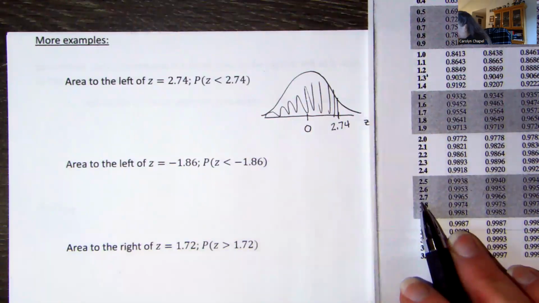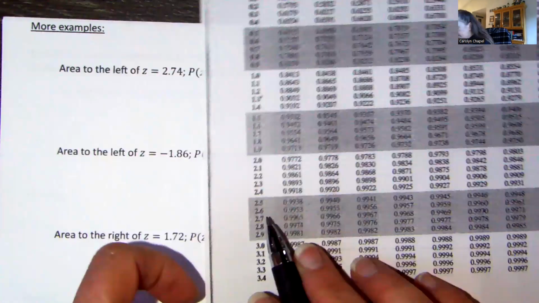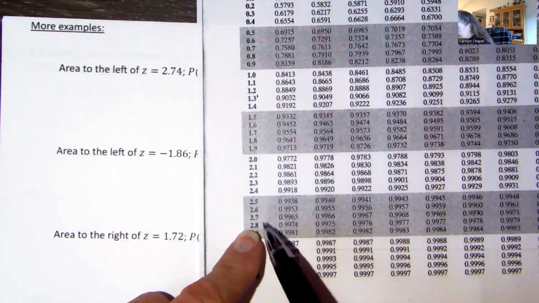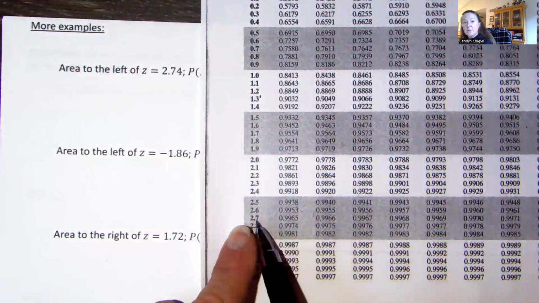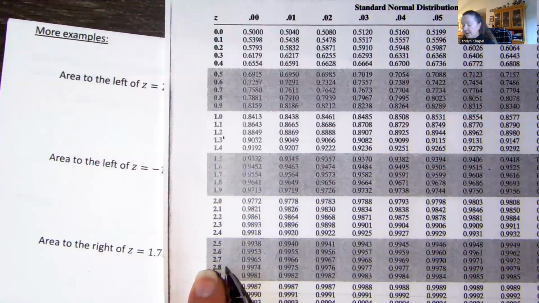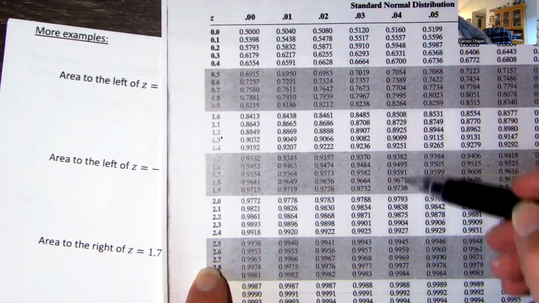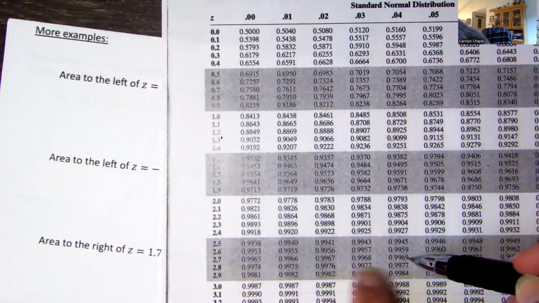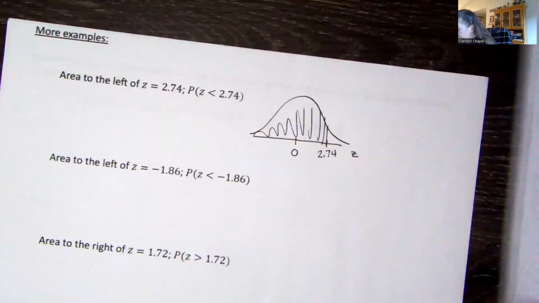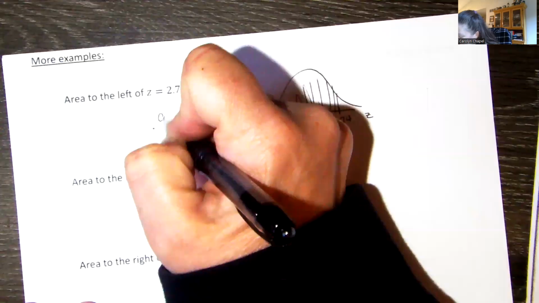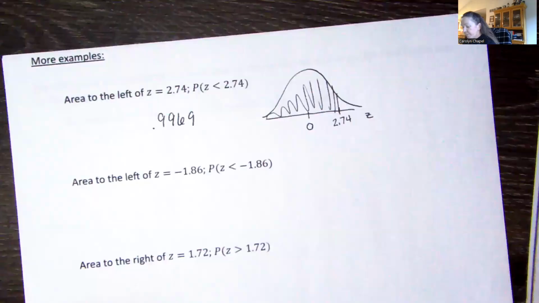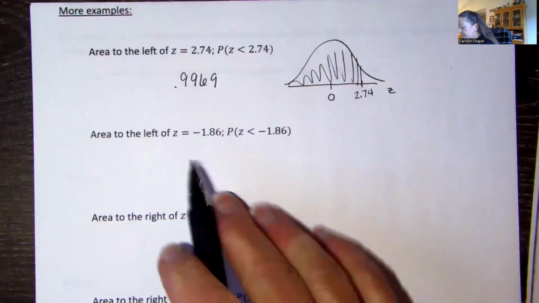My 2.7 is down here. So I went down to find 2.7. And then we're going to go over to the 0.04. So I kind of have to make sure that I hit the right one. 0.04 coming down, 0.9969. We're going to do one more that goes to the left.